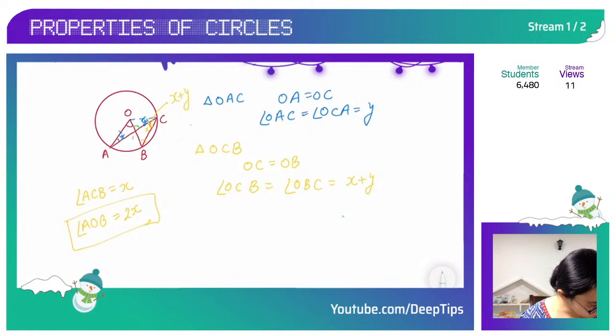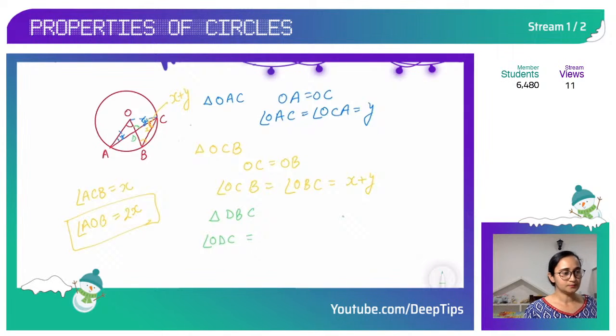Now let's mark this point as D. So if I look at triangle DBC, and I extend the side BD, angle ODC will be equal to the sum of the opposite interior angles. So that is X plus Y, because this angle is X and this is X plus Y, which is equal to 2X plus Y.